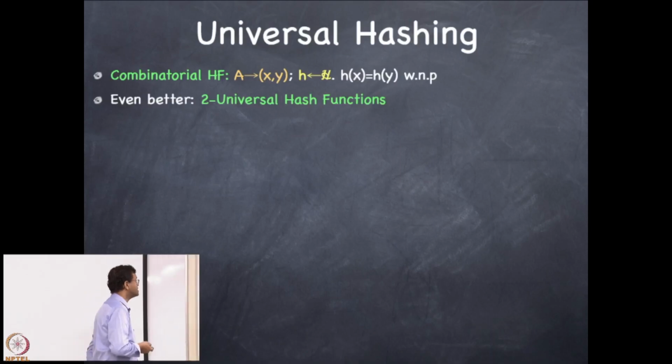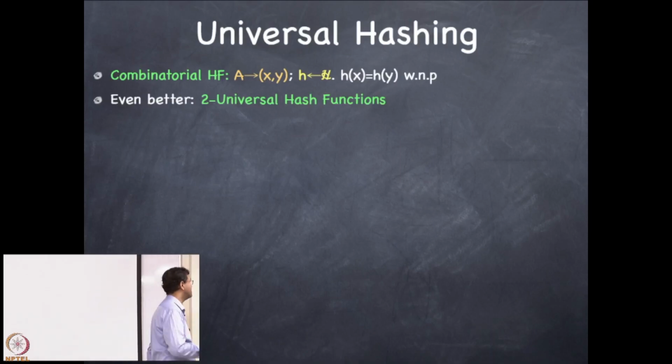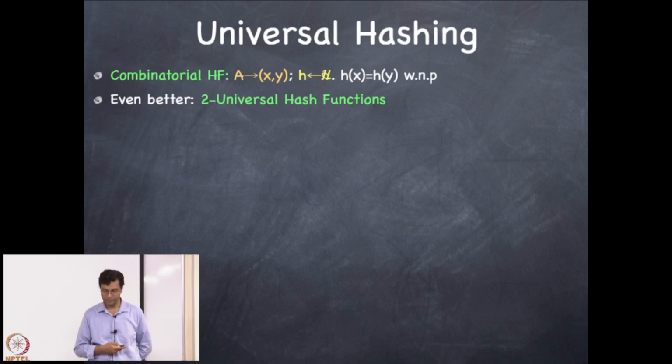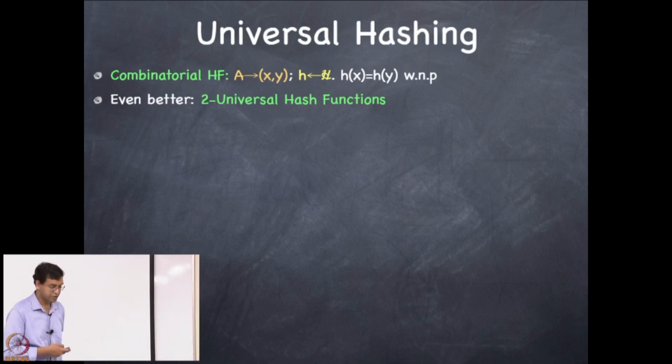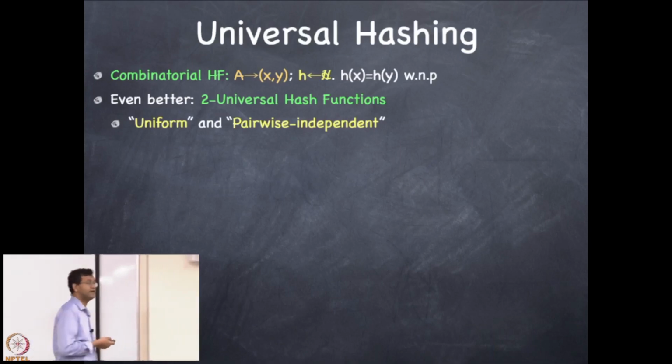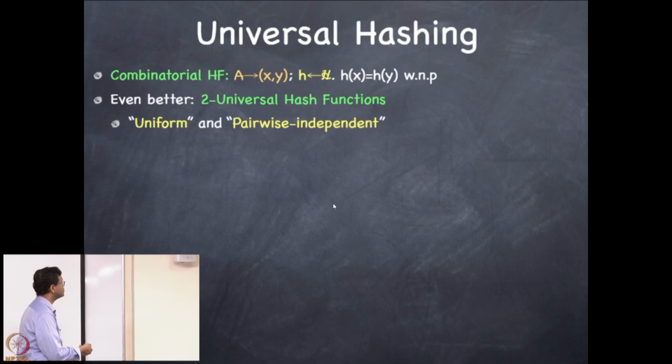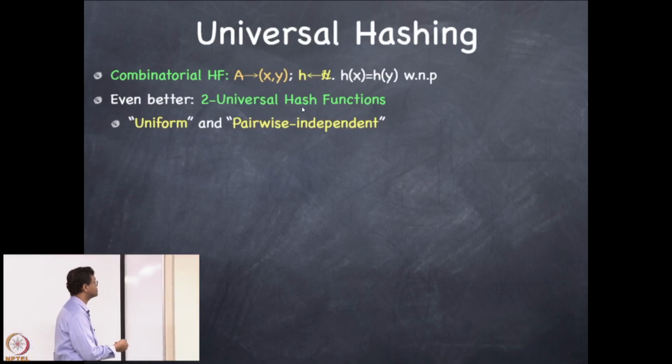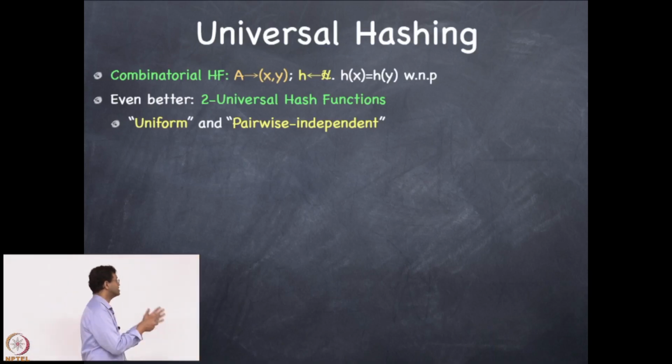This universal hashing has a little bit nicer structure to it. It asks for some more smooth properties, and those properties are uniform and pairwise independent. So the 2 in 2 universal stands for pairwise independence. So 2 universal is just a short form for these two properties.